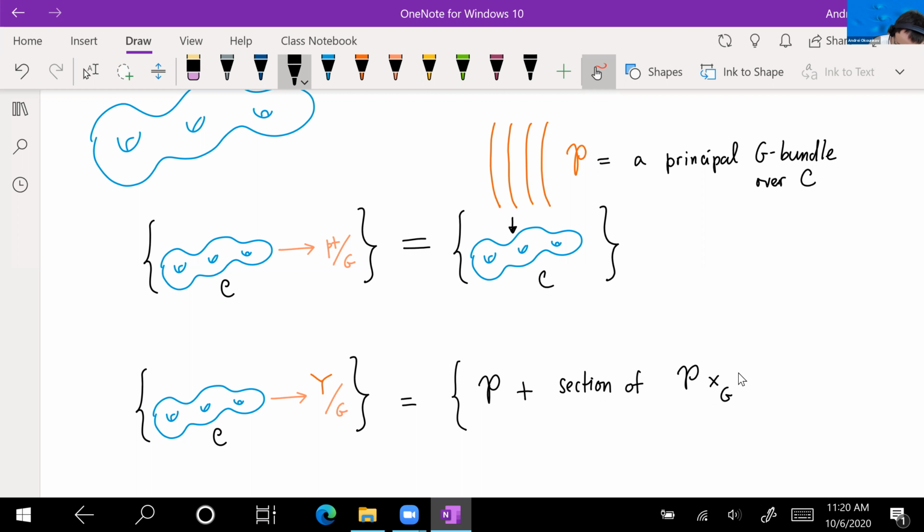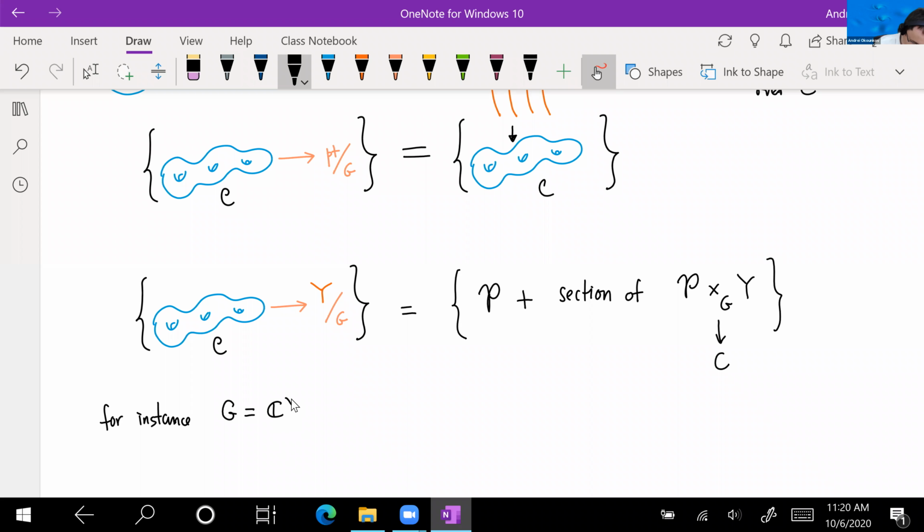So if you have a G bundle and G acts on Y, you can make a Y bundle and you take a section of that, for instance. Let G be, well, I don't know, C star or GL1, or Gm, whatever notation you like for that.